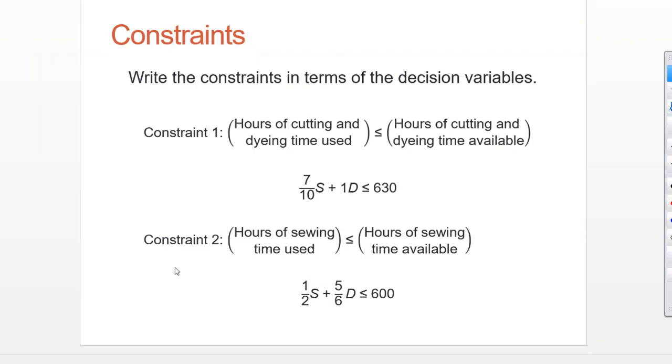So can everyone tell me how many standard bags I can get from cutting and dyeing in this extreme case? How many? We use 0.7 to divide 630, right? So how many? Give me a number. 900. Is that 900? Yeah.